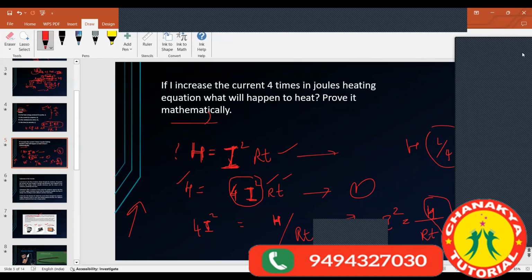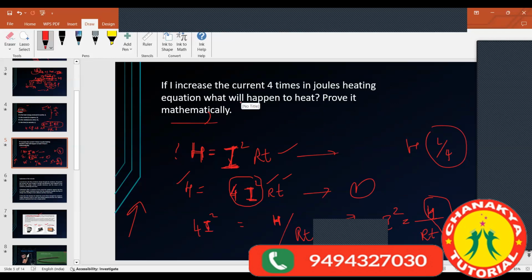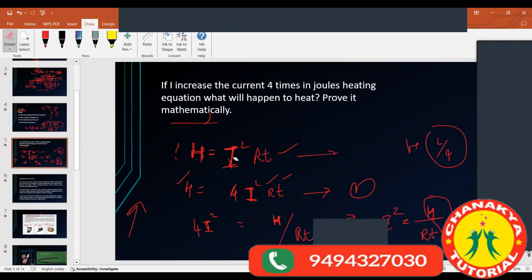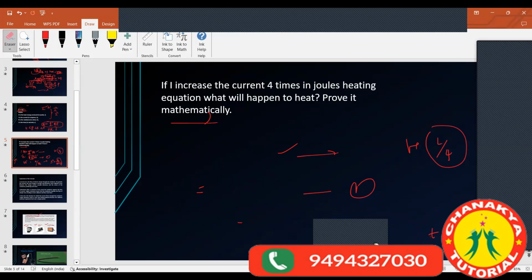I tried my best, but I took another example also, to understand it clearly. I just took the example of speed. How do we find speed? Speed is distance by time. So speed is inversely proportional to time, and directly proportional to distance.